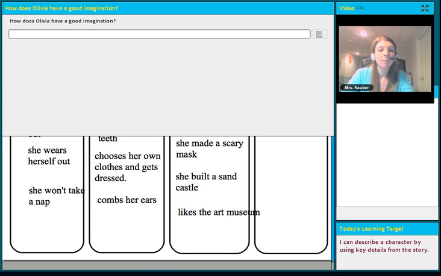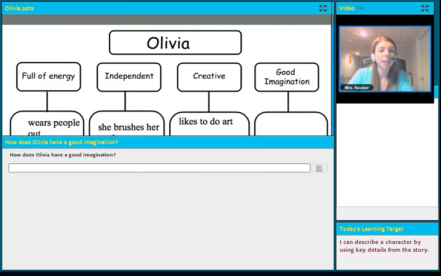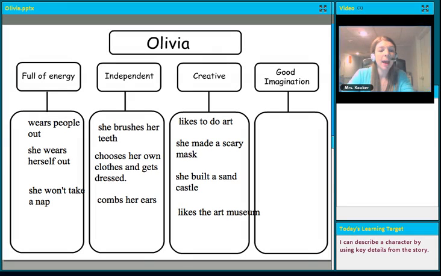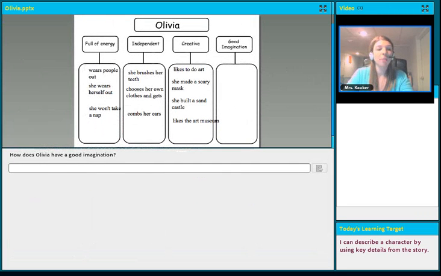Okay. Students, I want you to do this one. How does Olivia have a good imagination? You can type it in that box. How would you add it to our chart? I want you to add it, but you're going to put it down at the bottom in that poll, in that box.